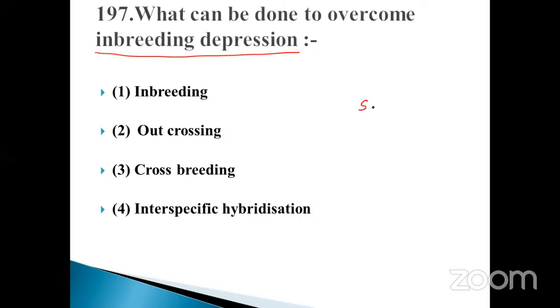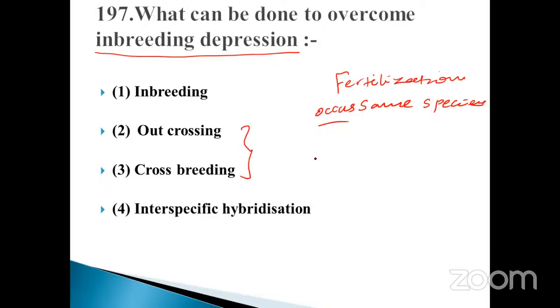For example, when fertilization occurs within the same species, that is called inbreeding. Outcrossing means the same species but from a different area. It also comes under crossbreeding.